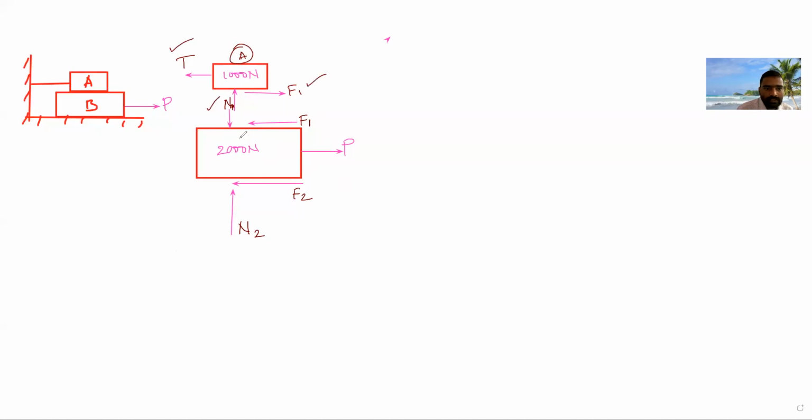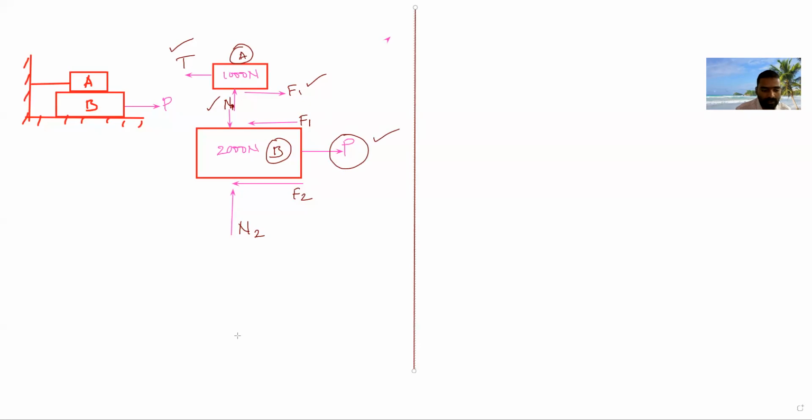By considering the free body diagram of block B, F1 and N1 are known. We have to find F2 and N2 by applying the equilibrium conditions. If you apply the equilibrium condition sigma Fx equal to 0, you will find the value of P. So in the second case, we have to find when the value of P is inclined.